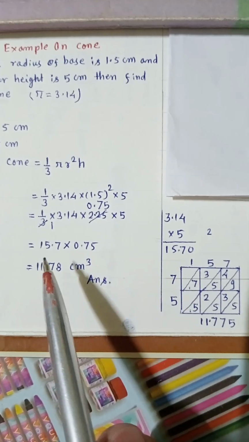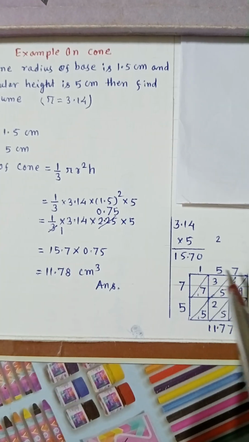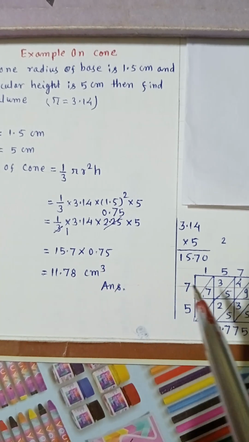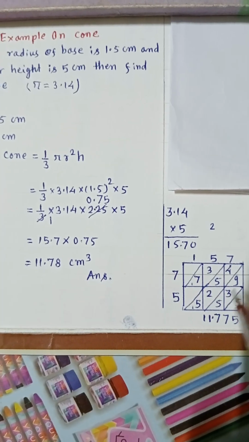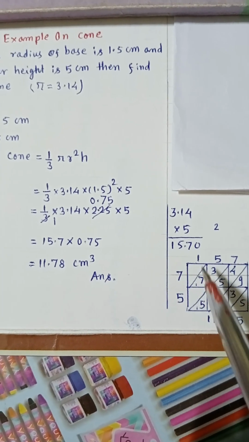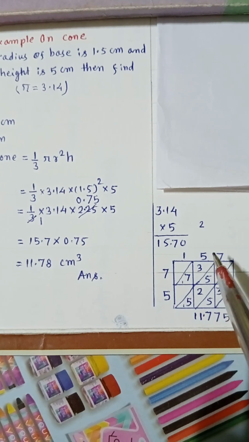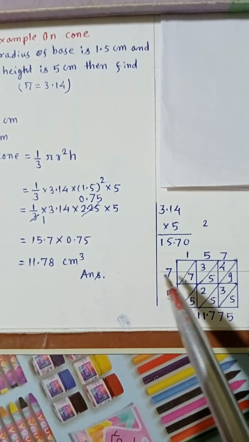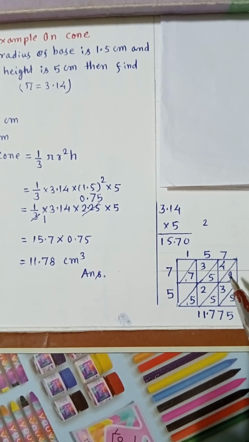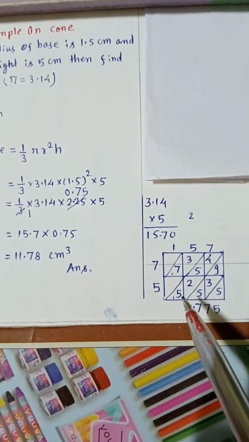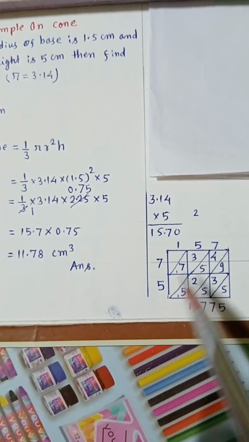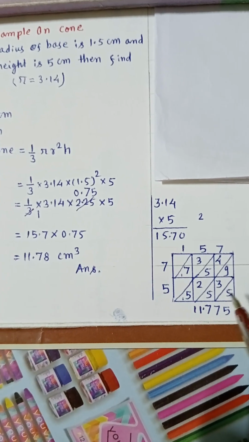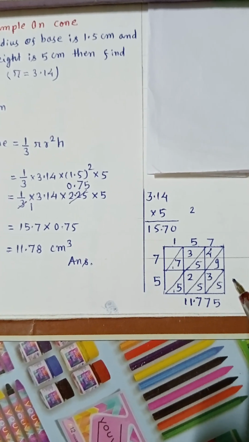We write here 157 and 75. 7 ones are 7, 7 5s are 35, 7 7s are 49, 5 ones are 5, 5 5s are 25, 5 7s are 35. We have to make slant addition.